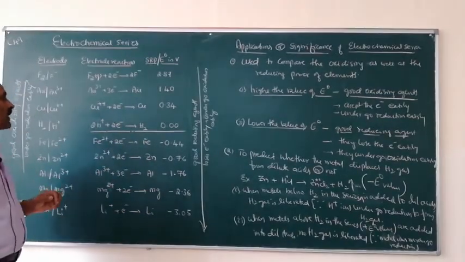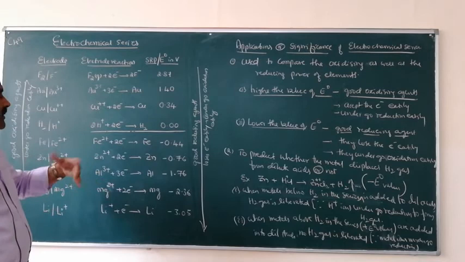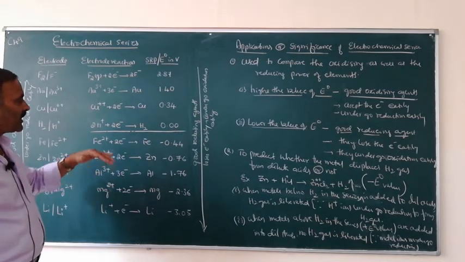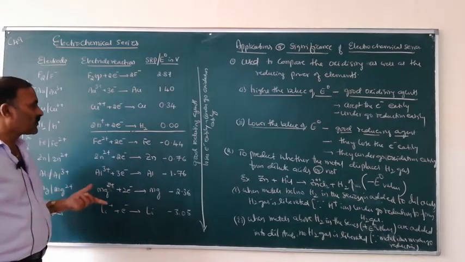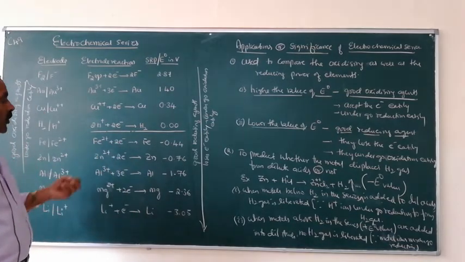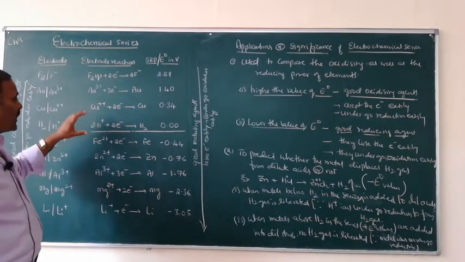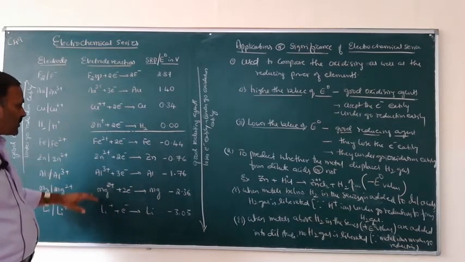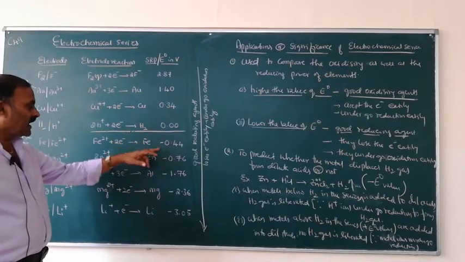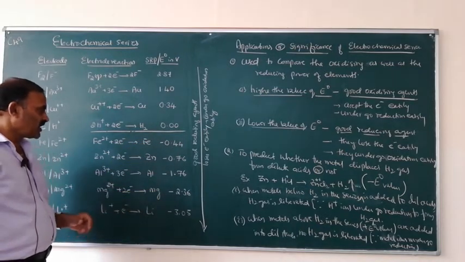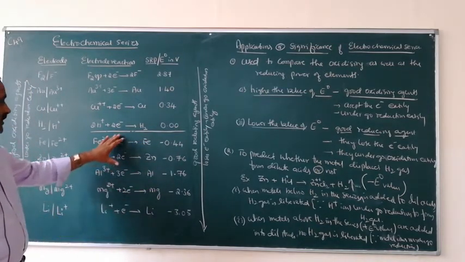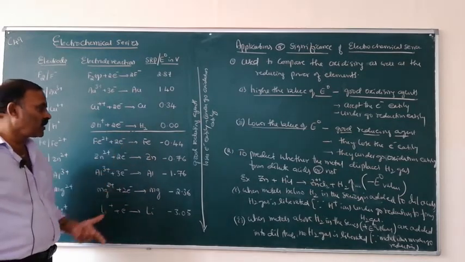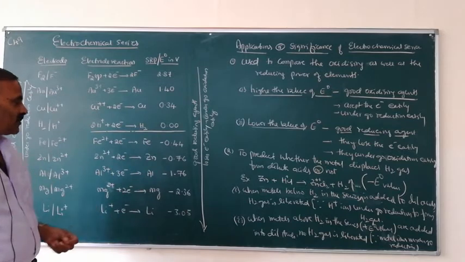So whether a metal displaces hydrogen from dilute acids, we can know. How to know this? Looking at the electrochemical series, if the metal is below hydrogen or having negative values of electrode potentials, when these metals are added into dilute acids, hydrogen gas is liberated.